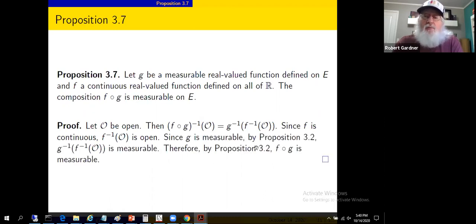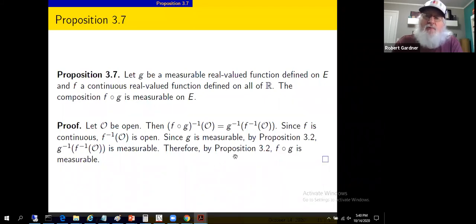G is measurable. Proposition 3.2 tells you that under a measurable function, inverse images of open sets are measurable. So G inverse of this open set, F inverse of O, is measurable. And we just took an arbitrary open set and showed that its inverse image under this composition is measurable.